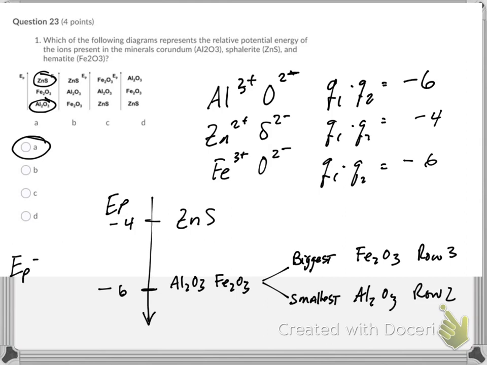And then remember, potential energy is proportional to the Q1 Q2 product over r squared. So that's our formula. When we multiply the charges, we see that the potential energy definitely goes down. It would be the same for the melting point. We'd expect zinc sulfide to have the lowest melting point and aluminum oxide to have the highest melting point.